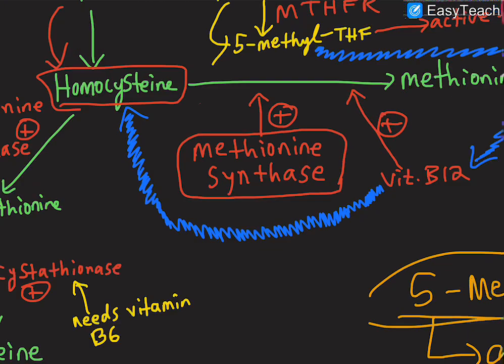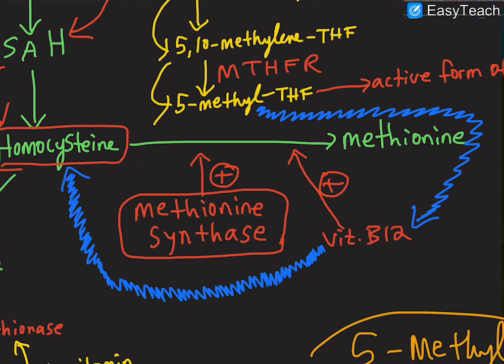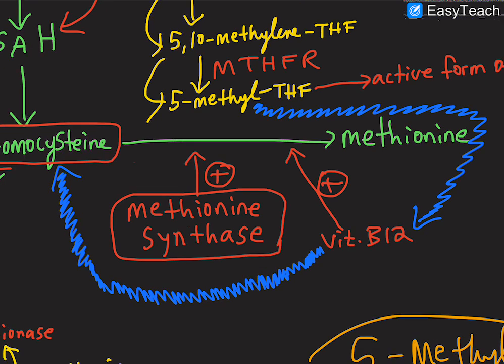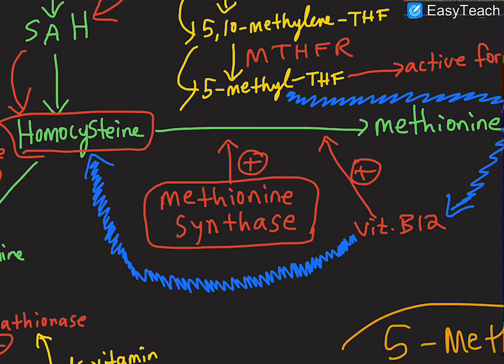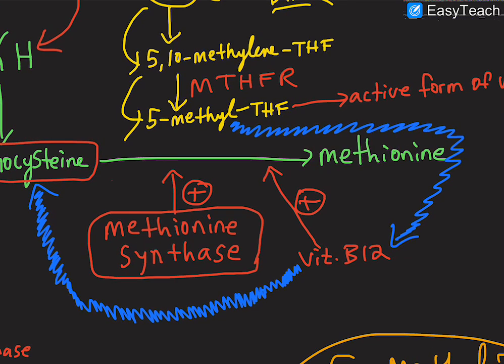So we said that homocysteine gets converted to methionine after it gets methylated, due to the fact that vitamin B12 gives it the methyl group. So vitamin B12 gives a methyl group to homocysteine. That causes homocysteine to get converted to methionine. How does vitamin B12 get that methyl group? From the active form of vitamin B9, or 5-methyl tetrahydrofolate.